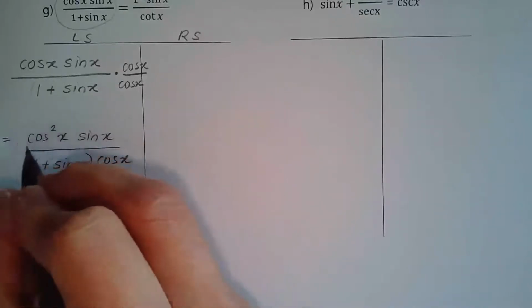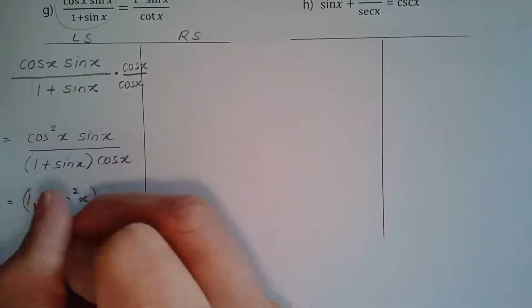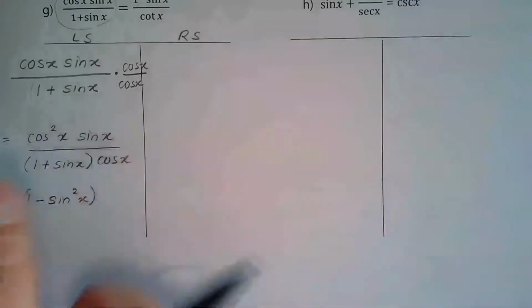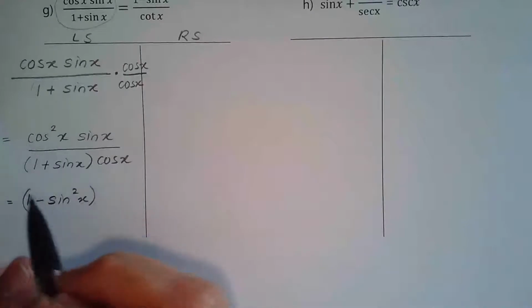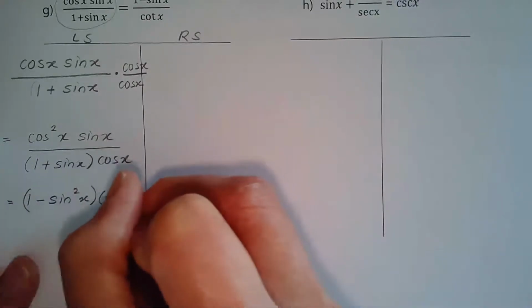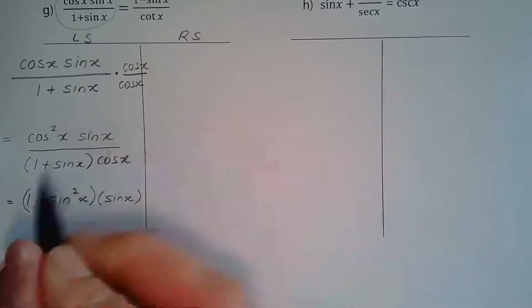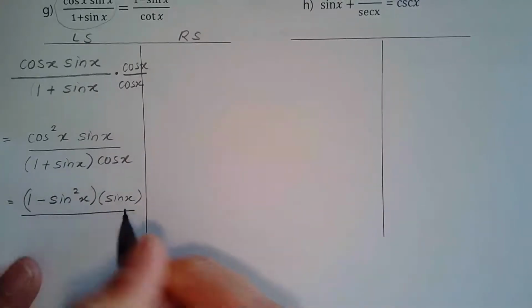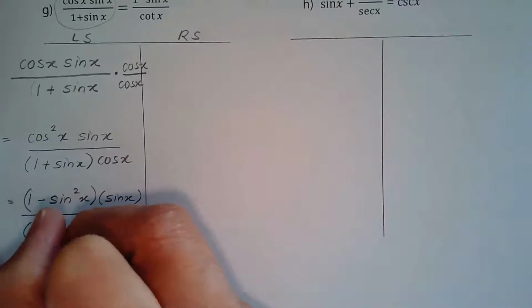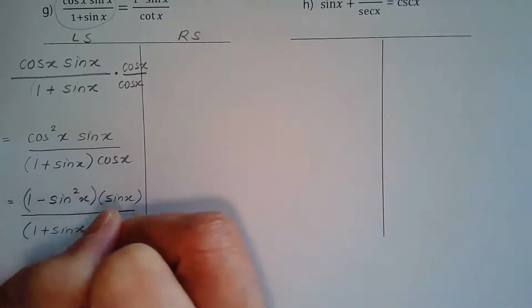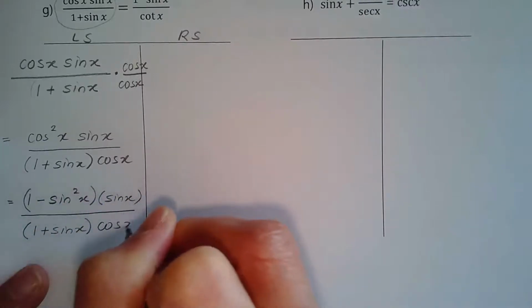Cos squared of x, we can change that into 1 minus sine squared of x. Looking at the Pythagorean trig identity, times sine of x divided by 1 plus sine of x times cos of x.